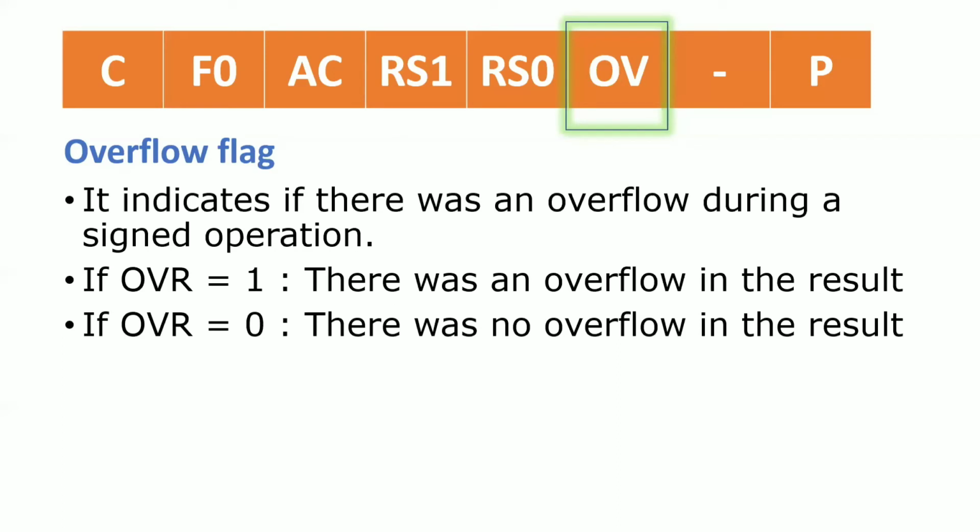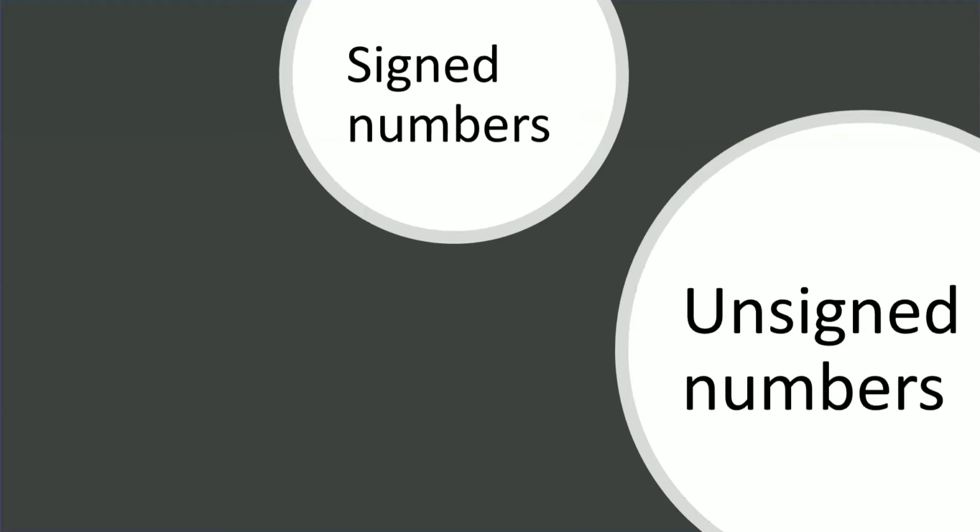Now to understand the overflow flag, how the result will exceed, we will take one example. So first of all, you need to understand signed numbers and unsigned numbers. You already know what unsigned numbers are. Unsigned numbers are nothing but simple positive numbers. Okay, what is the minimum value of your positive number? If you take an 8-bit number, the minimum value is all 8 zeros. What is the maximum value?